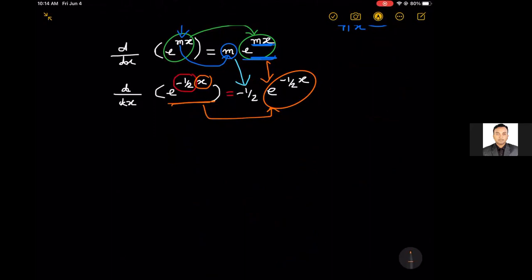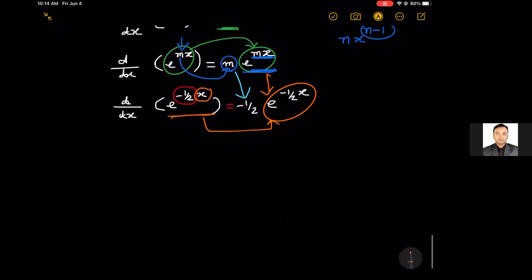I think I should mention this. This x is fixed, you can't really change it. The only thing you can change here is m. So whatever you have in place of m, you can just write that in front and then copy the entire function with that, like this.